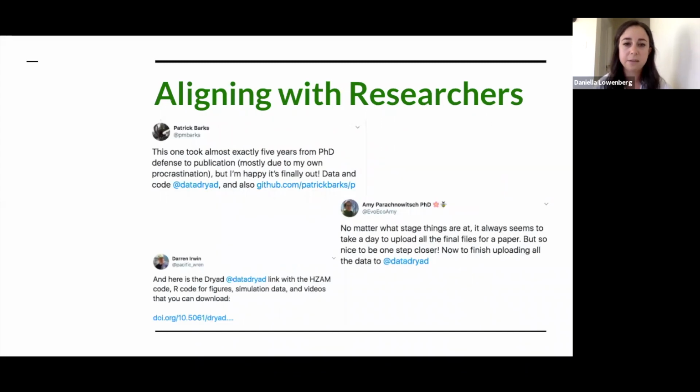The second is that we're rooted in aligning with researchers. Every day we get tons of tweets of researchers super proud of their work in Dryad and how people are reusing their work in Dryad. And so it lowers that barrier of how much do we have to advocate and teach for people to go here, because it's already something that's rooted within the community, within researchers.